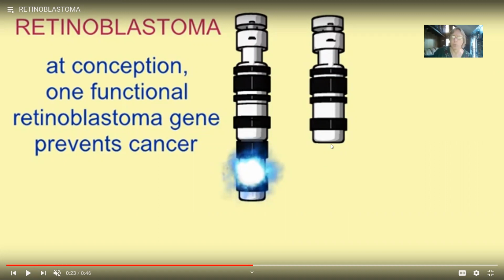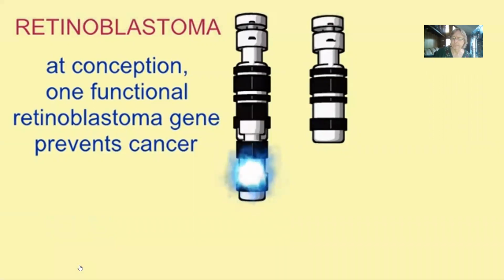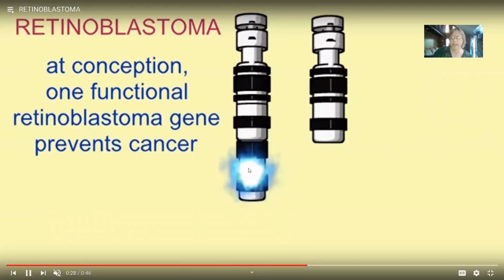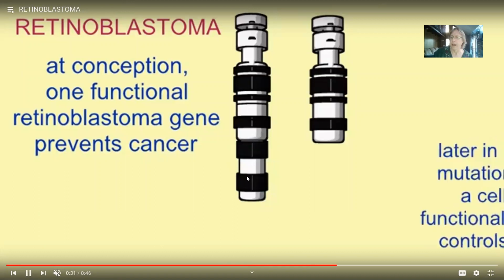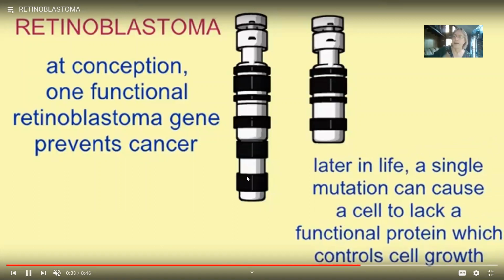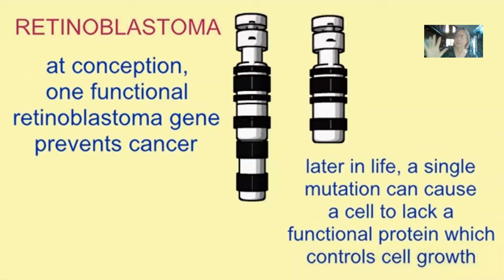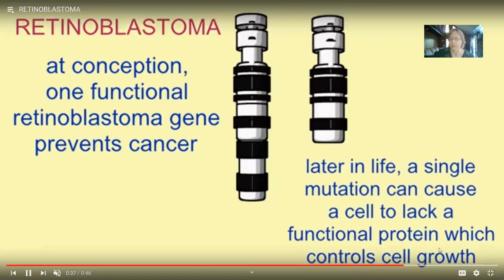But if you had a deletion chromosome, so that you started with only one, then if you were to have a mutation in this normal version, you would now not have any normal retinoblastoma stopping cancerous growth, and so now you would have cancerous growth.